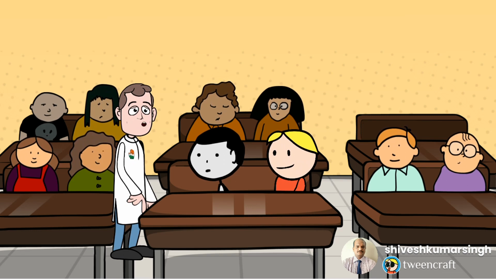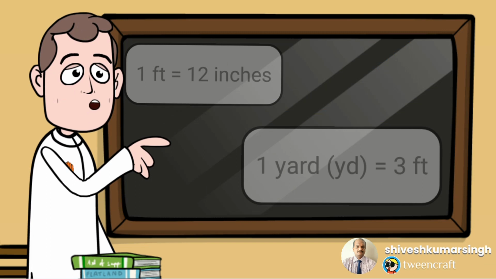But if it is your official discussion or if you're writing any English exam, then definitely you will take care of these things. Okay, so if it is only one thing, then you will write 1 foot. But if it is more than one, then you must say or you must write feet. Okay, hope you understand this difference. Yes, sir. Thank you.